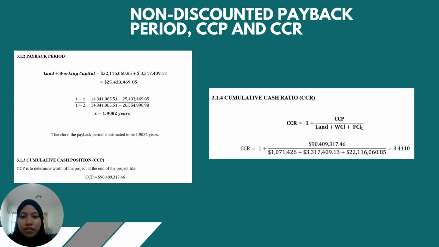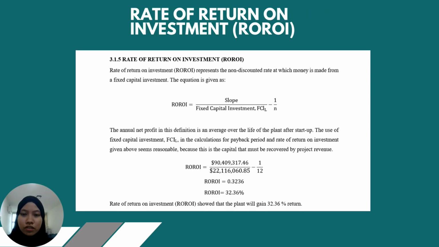The cumulative cash ratio is 3.411. As for the rate of return on investment, it can be calculated based on the slope of the graph shown in the previous slide of the profitability analysis. From the presented slide, our rate of return on investment is 32.36%.